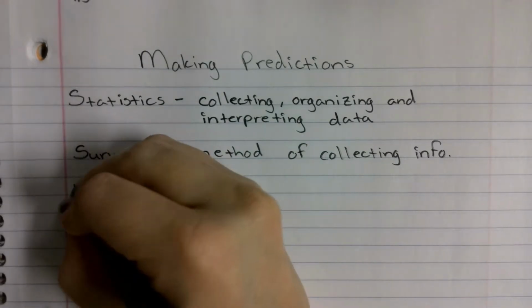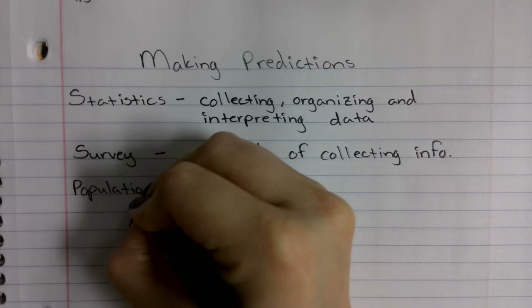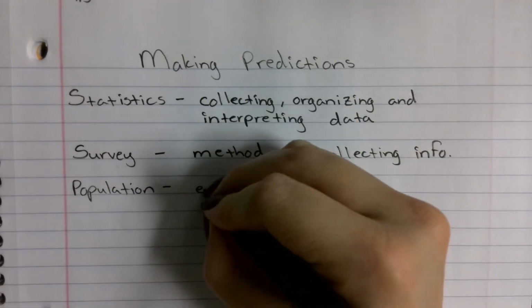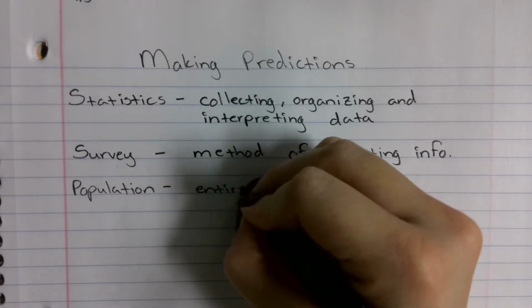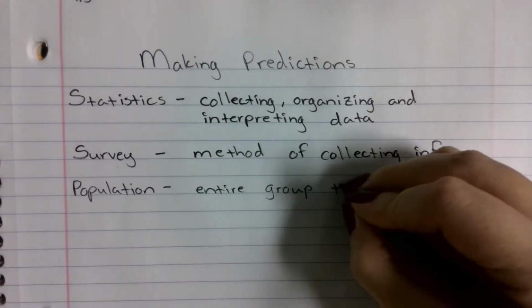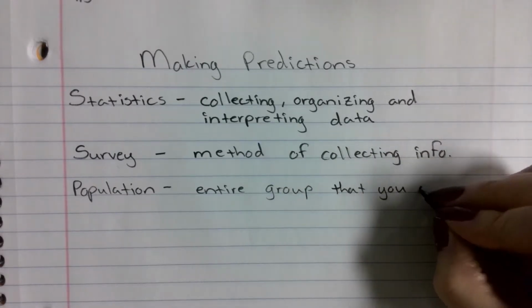If we talk about a population, population is basically the grand picture, the overall idea. It's an entire group that is the focus. The entire group that you want information about.